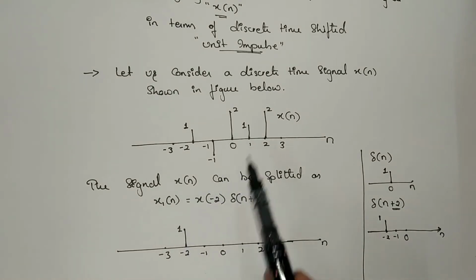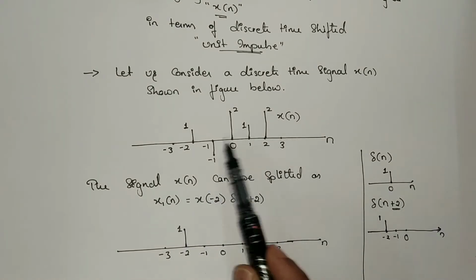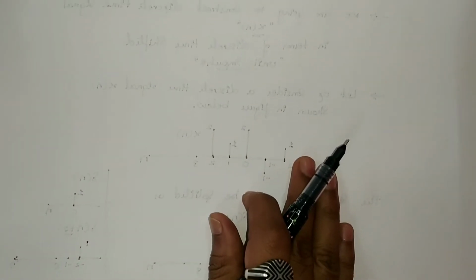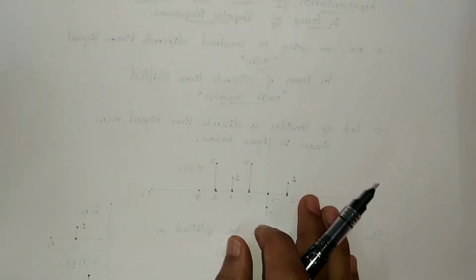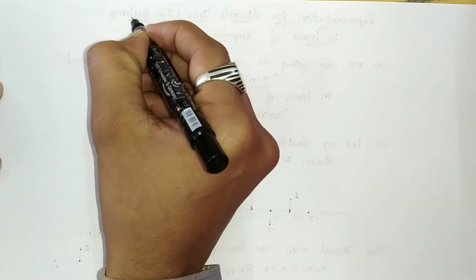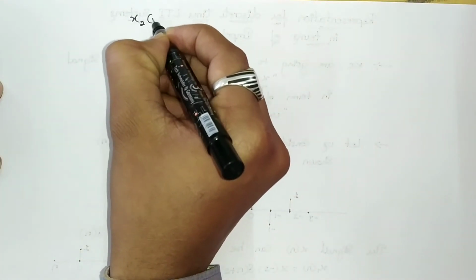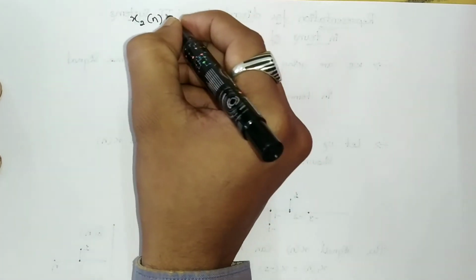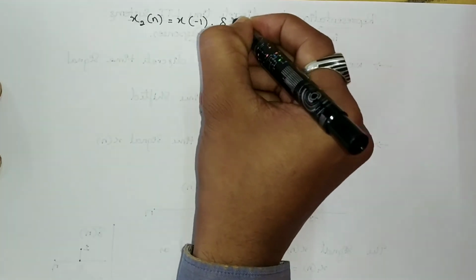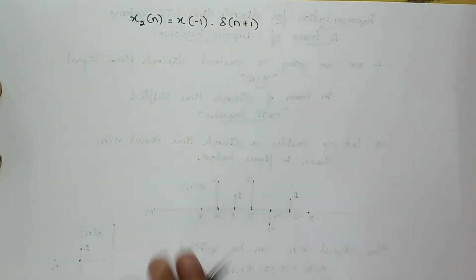Similarly, we are going to take the remaining values. The next one is x2 of n, which will be x of minus 1 into delta of n plus 1.